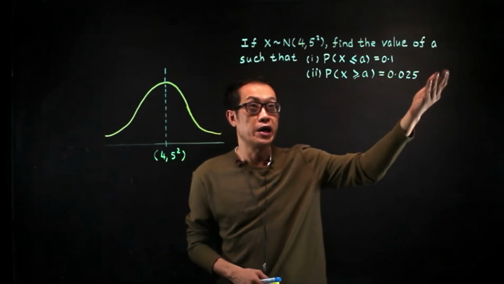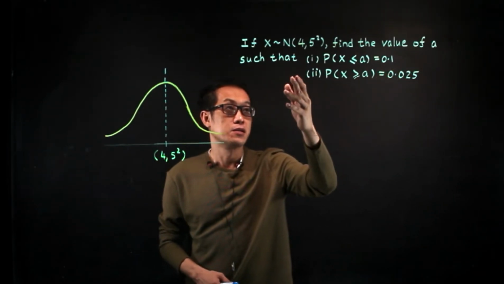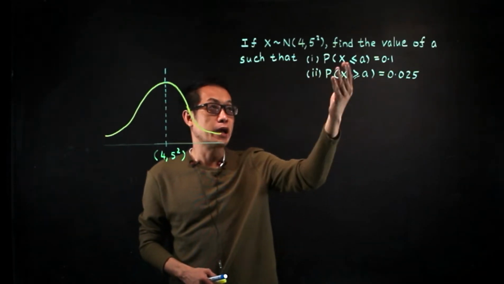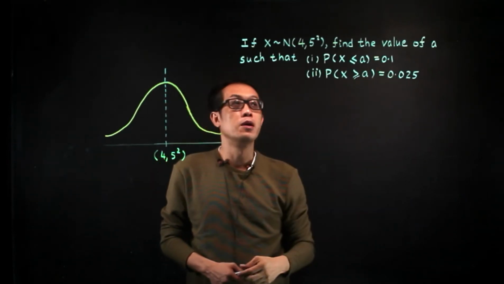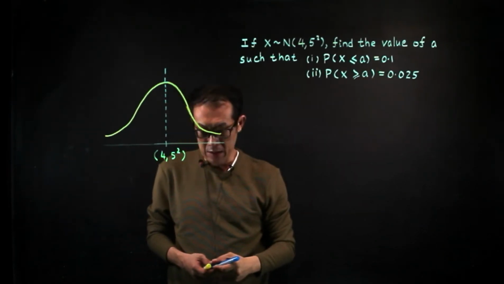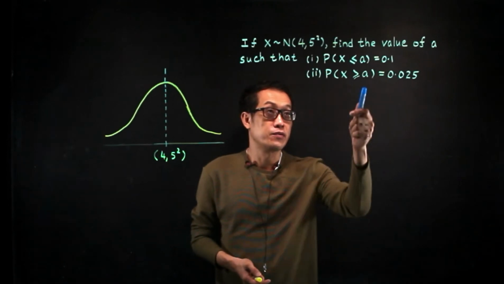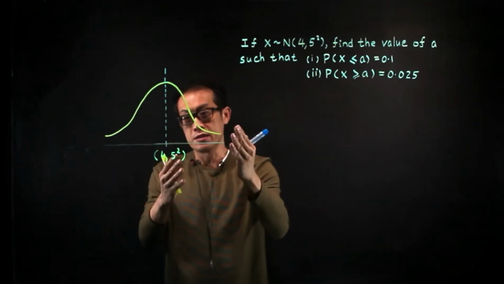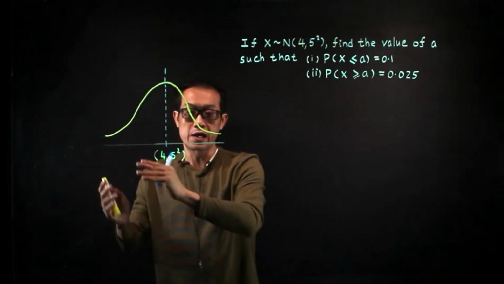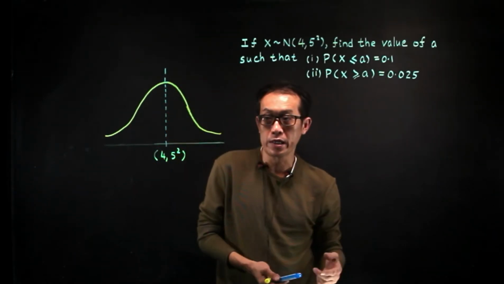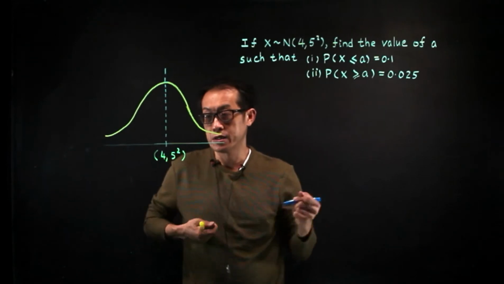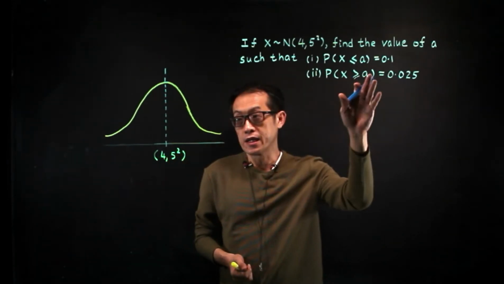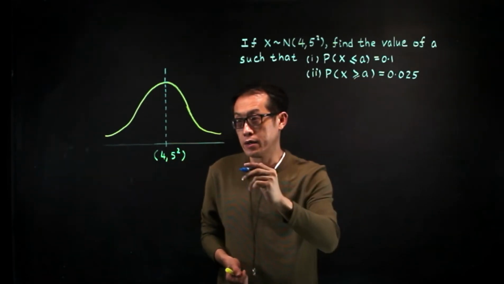Find the value of a such that the probability of x less than a is equal to 0.1. First of all, you must be able to see where a is, whether it's on the left of the line of symmetry or on the right of the line of symmetry. You want less than a to be 0.1.